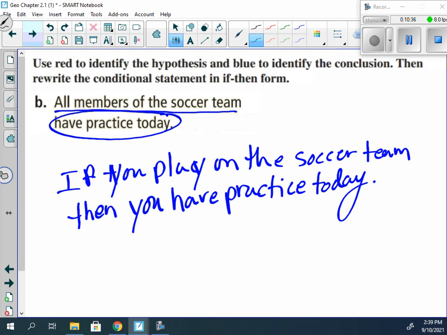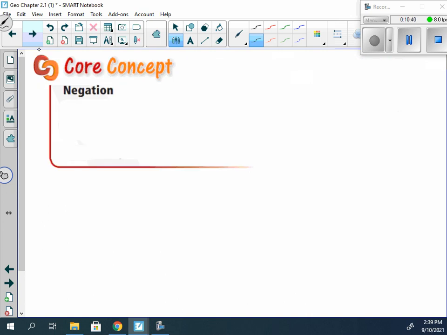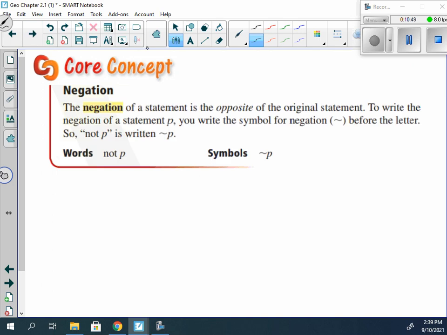Any questions on this here? Negations. These are normally y'all's favorite one of this lesson. The negation of a statement is the opposite of the original statement.